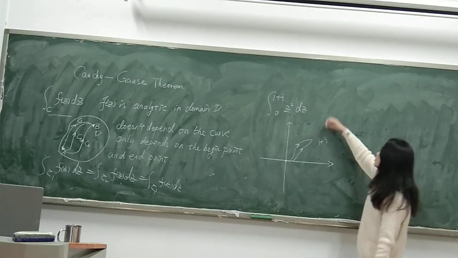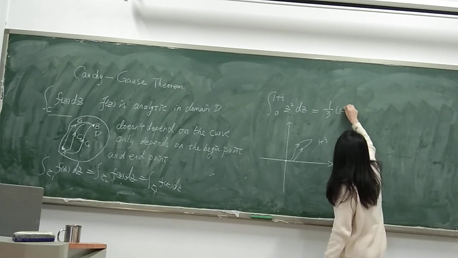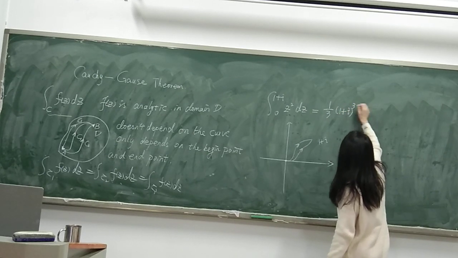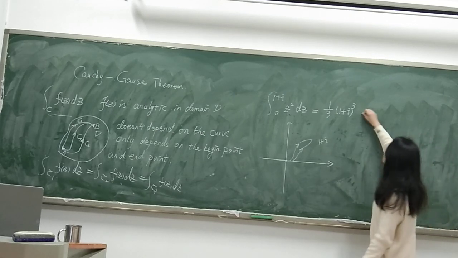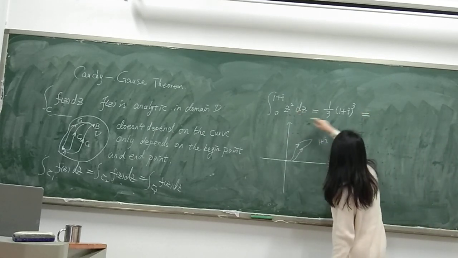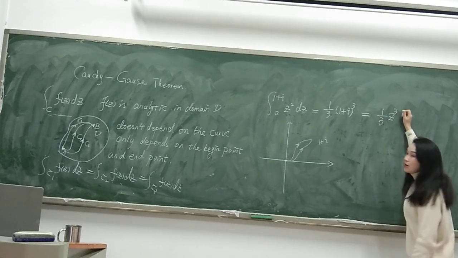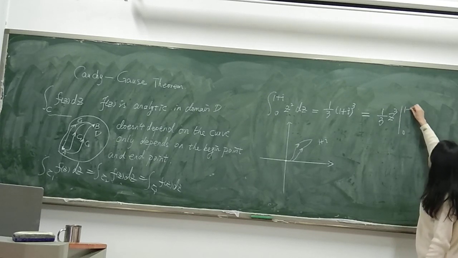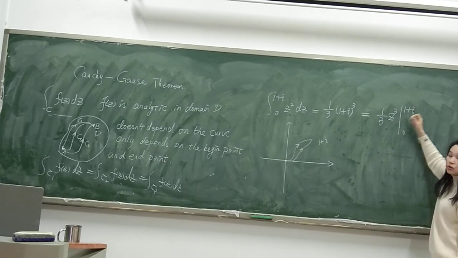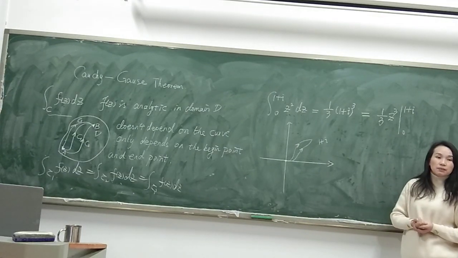This integral equals one third of (1 plus i) to the power 3. The integral of z squared dz is one third z to the power 3, with z from 0 to 1 plus i. So it equals this. But this f(z) must be analytic.